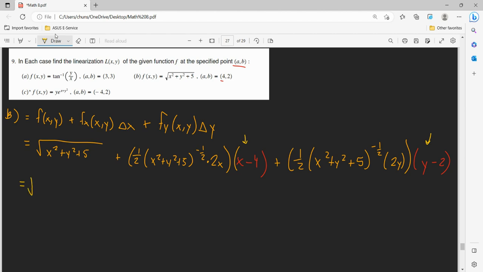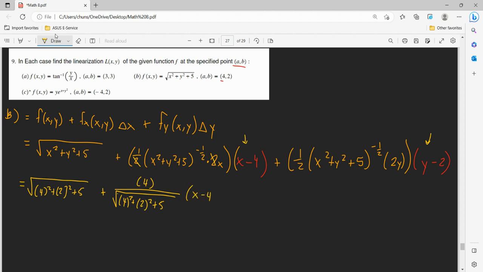So we have 4 squared plus 2 squared plus 5 plus, so these 2's are going to cancel. So this is just going to be x over, so our x is 4, over square root of x squared plus y squared plus 5.